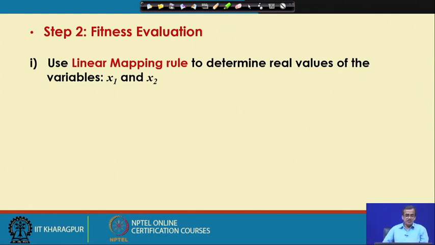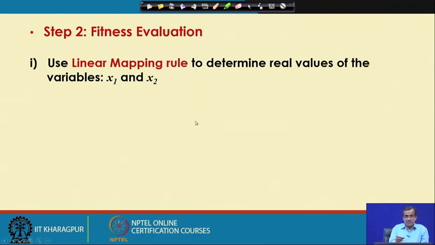Now, let us see how to proceed with this initial population of solutions. In step 2, we will have to calculate the fitness of each of these solutions. This is a maximization problem, so the fitness is nothing but the value of the objective function. To determine the value of the objective function, we will have to substitute the real values for x 1 and x 2.